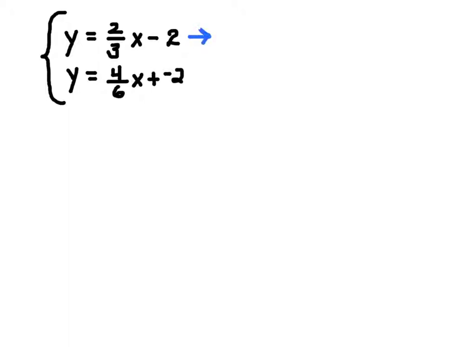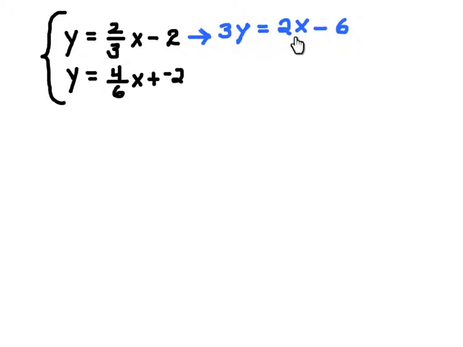So we need to get rid of the fraction, so we're going to multiply everything by 3, which gives us 3y equals 2x minus, I'm multiplying everything by 3, a 6. Okay, because 3 times y is 3y, 3 times 2/3 x is 2x, and 3 times a negative 2 is a negative 6.